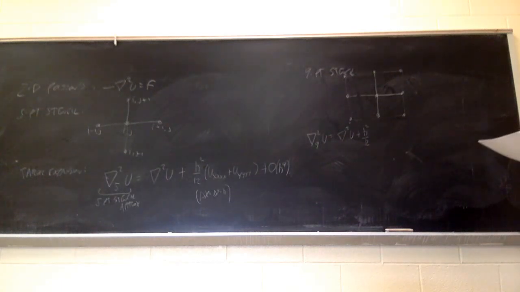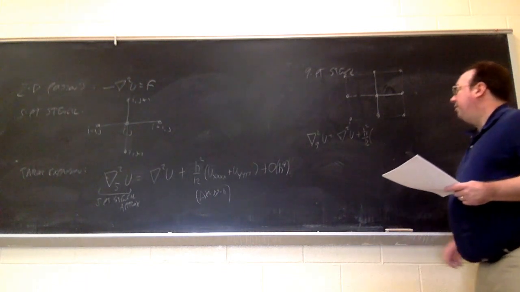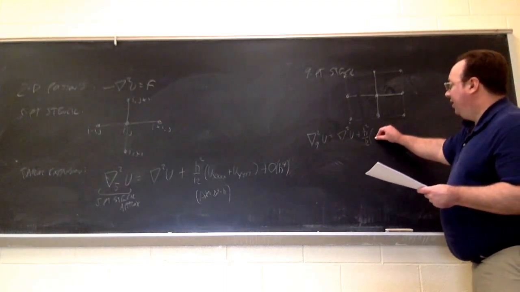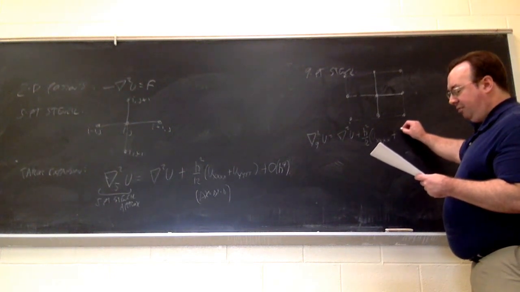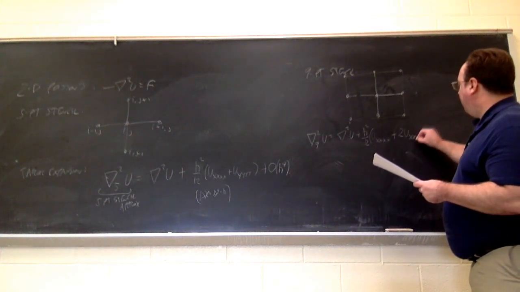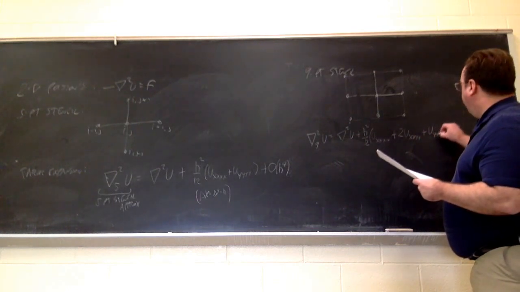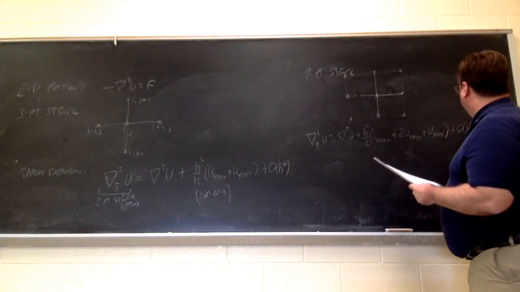On the one hand, the leading error term is still second order. But what we get is similar error terms as before, uxxxx, but we have a cross term, 2uxxyy, plus uyyyy, and then something of order h to the 4.